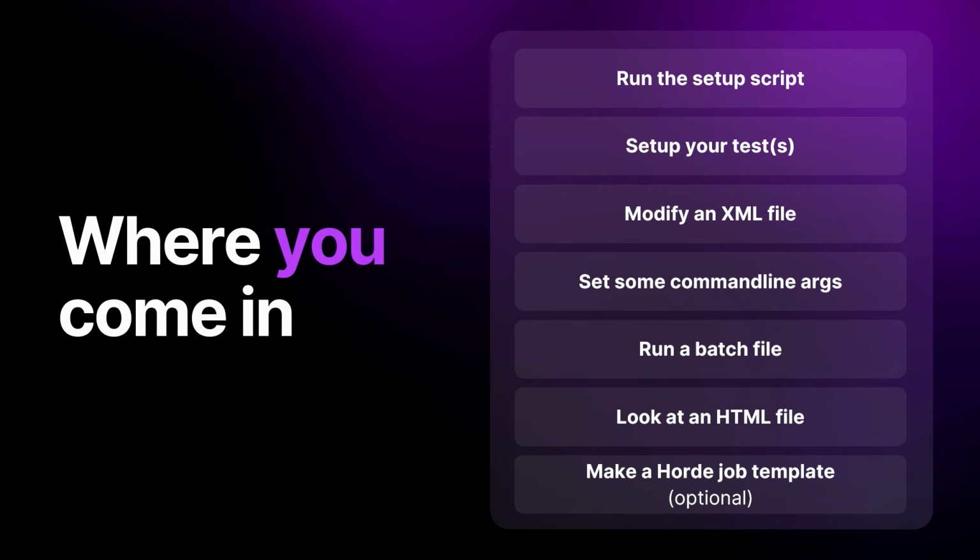I'm sorry, there are some command line arguments that you're probably going to have to set in a batch file that the setup script will provide for you. You're going to have to run the batch file, and then look at an HTML file. We'll talk about that in a second. And then if you are signed up for Horde, if you're doing Horde stuff already, you can make the job template, and we'll talk about that in a second too.